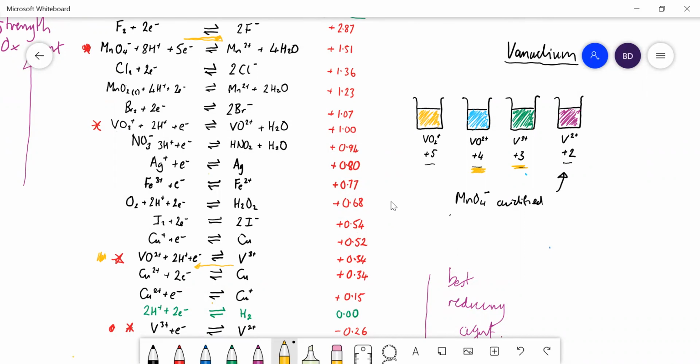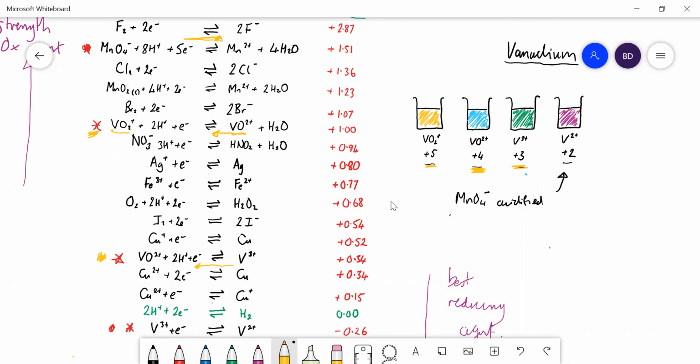Is that the end of the story? Well, it's not, because we have a look at this one here. We've got VO2+ there. What's going to happen to that? That is still below the manganate one in the series, isn't it? So that's going to be pushed backwards, and the manganate goes forwards. So you're going to end up with that species, the dioxovanadium, the yellow one. So it will oxidize it all the way up to there.